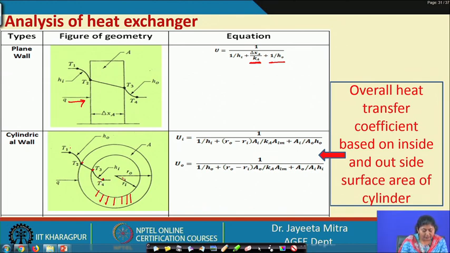So, here we can define the overall heat transfer coefficient.